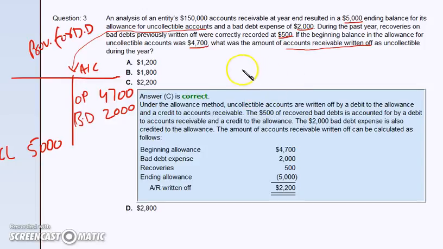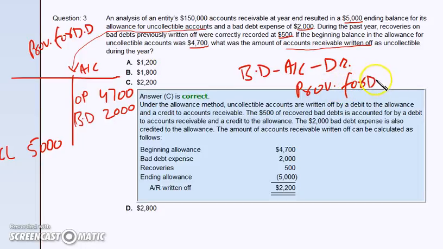The double entry is bad debt account debit, and allowance for uncollectible accounts, or I call it provision for doubtful debts, credit, right? So this amount is going over here, $2,000, right?